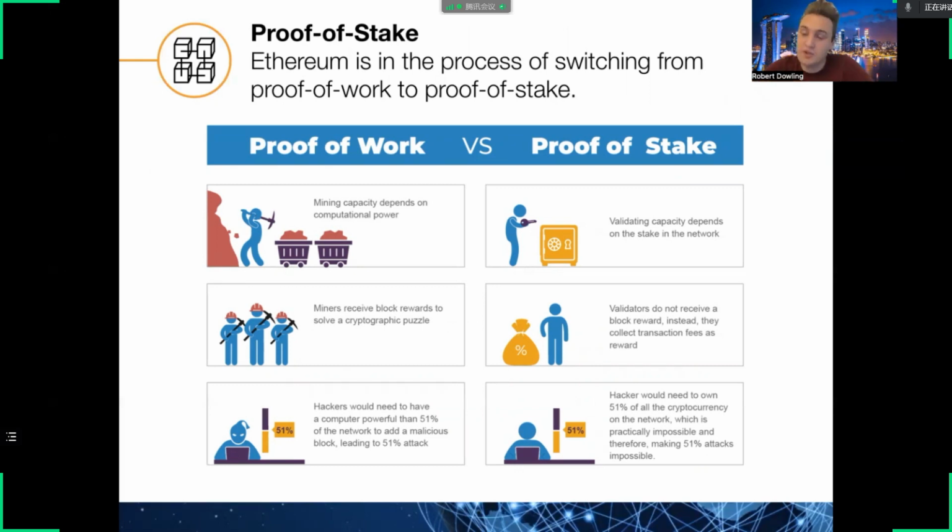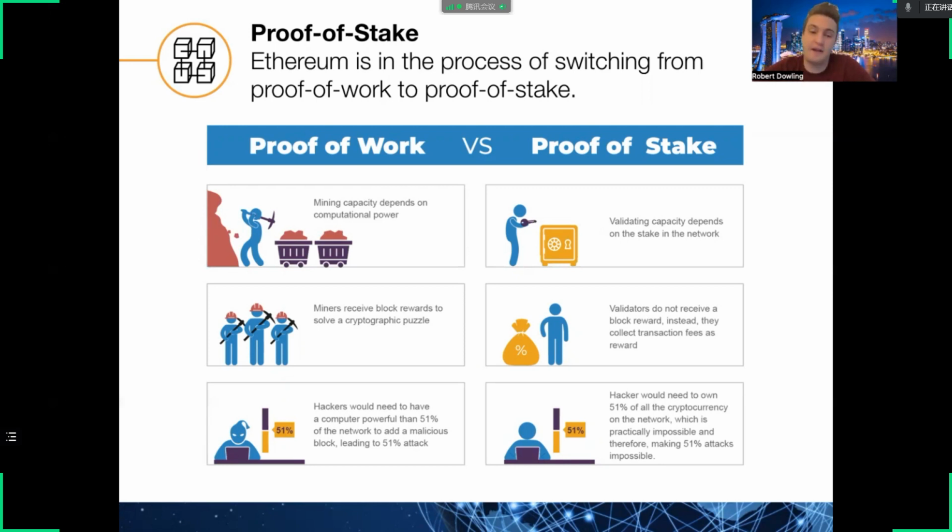Hackers, if they wanted to reverse transactions, would have to perform a 51% attack, which means they have 51% of all of the computing power on that blockchain network. Now, this is maybe very unlikely for Bitcoin, but it has happened to other blockchains that have smaller numbers of miners.